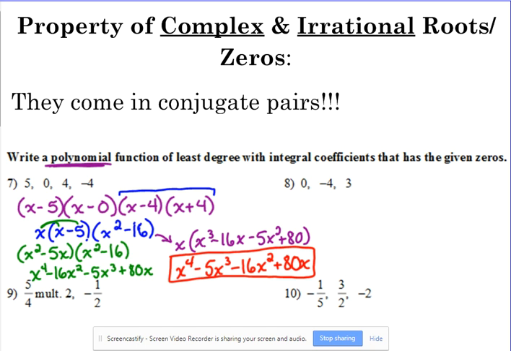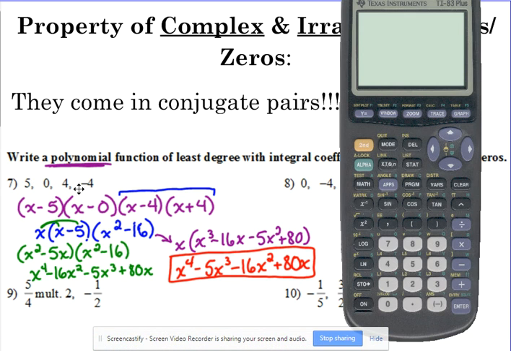Now, here's the good thing about doing this when all of our zeros or roots or solutions are real numbers. Once we have our answer right here, it's really easy for us to plug in 5 and make sure that it gives us 0. Whoops, I put an x there. 5 cubed minus 16 times 5 squared plus 80x.